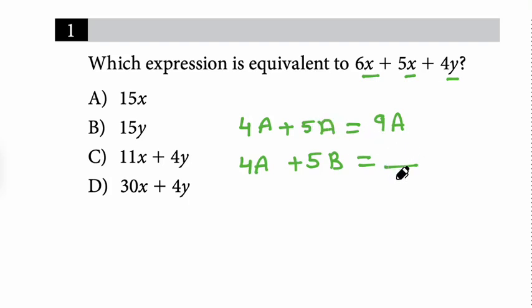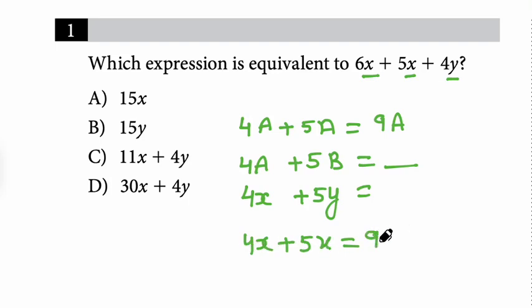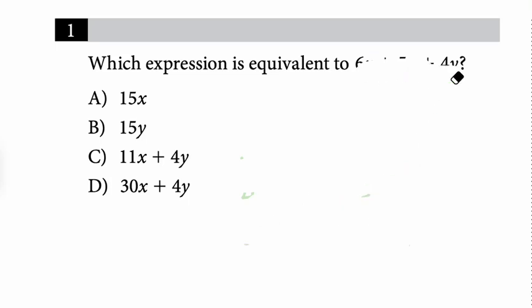You cannot equate them, you cannot add them. Similarly, if you have 4x plus 5y, you cannot add them because one of them is apple and another is banana. But if you have 4x plus 5x, yes, you can imagine them as apples. 4 apples plus 5 apples are actually 9 apples. So that is the skill which is tested here, how you find the like terms and solve it.